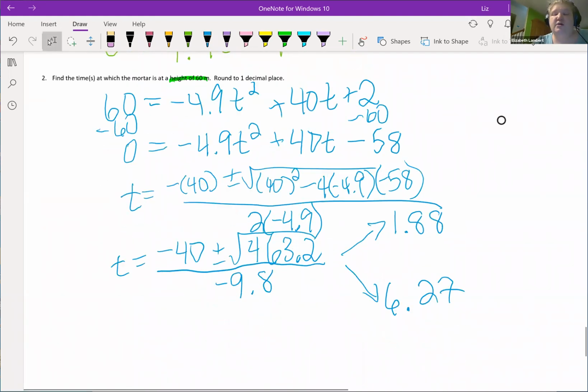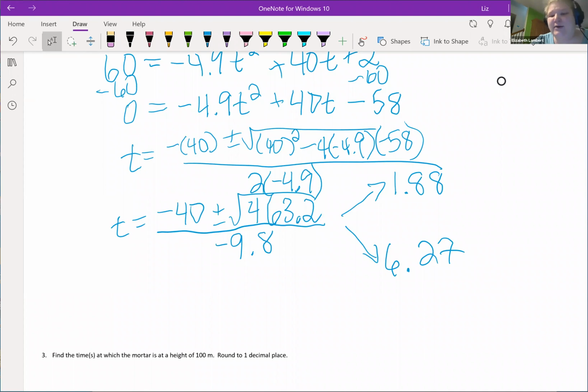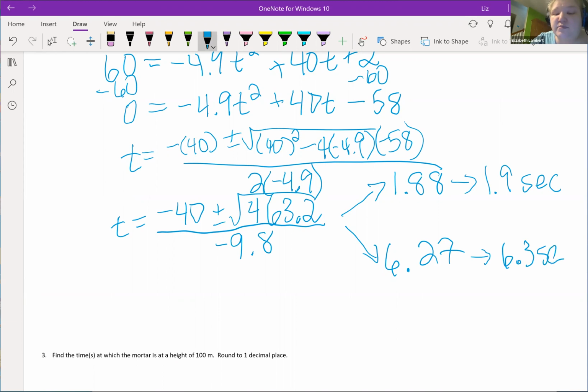So then this is 1.9, that's what it would round to, and 6.3 seconds. Those are the two times. That's why they put the S in parentheses. So one going up and the other coming down.